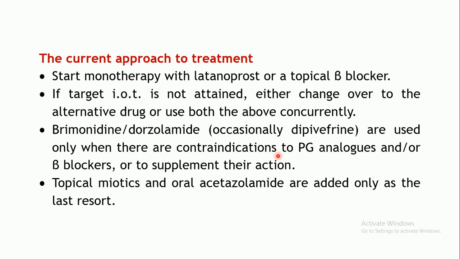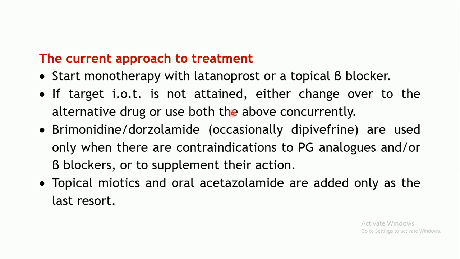The current approach of treatment for open angle glaucoma is usually started with monotherapy of latanoprost or a topical beta blocker, and if the intraocular tension is not effectively controlled, then you can either switch over to an alternative drug or use add-on therapy.